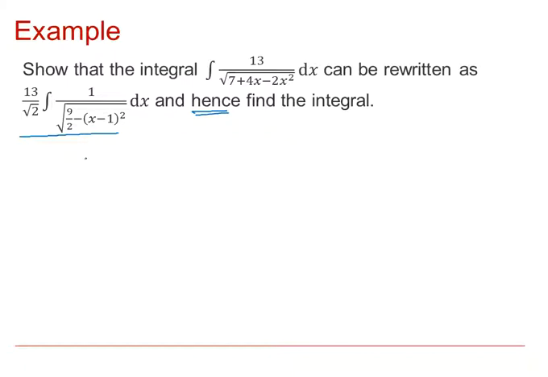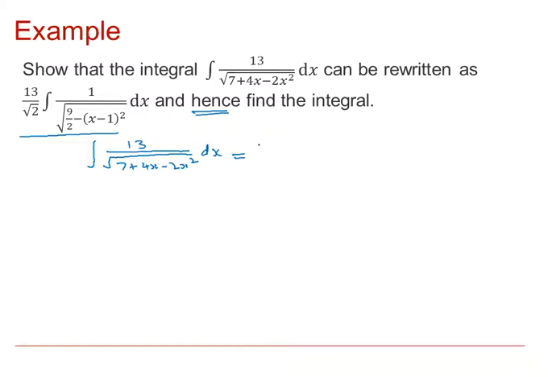Okay, so if we look at the integral that we are starting off with, which is the integral stated in the problem, the two problems we have here are the fact that it's not a straightforward a squared minus x squared, and we have a coefficient of x squared which is not 1.